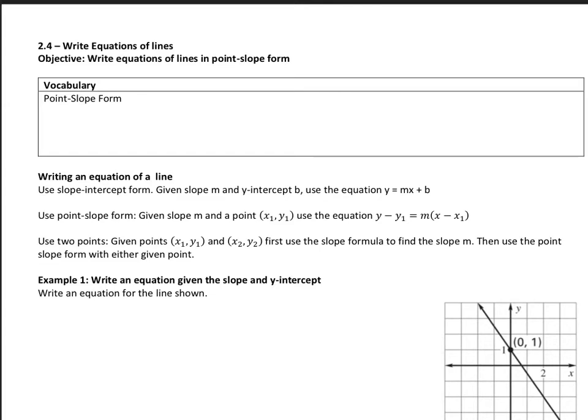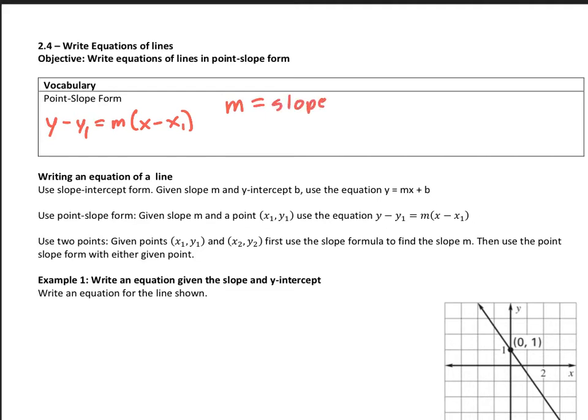So point-slope form is a line of this form. y minus y1 equals m times the quantity x minus x1. Okay? So the things I want to define here from before, m is still the slope.